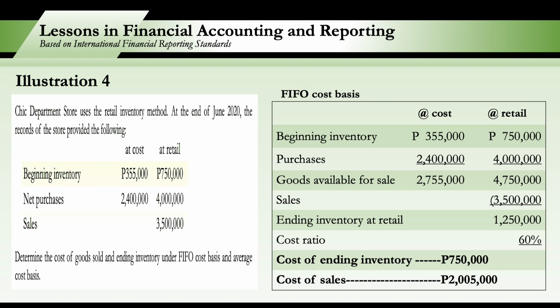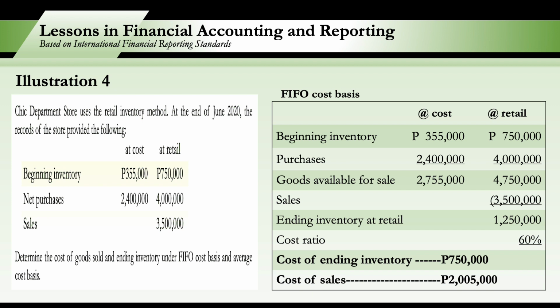Again, we do not include our beginning inventories of 355,000 and 750,000 because this inventory has its own ratio, coming from the previous period where it came from. So our current cost ratio using the FIFO method is 2,400,000 divided by 4 million, or 60%.